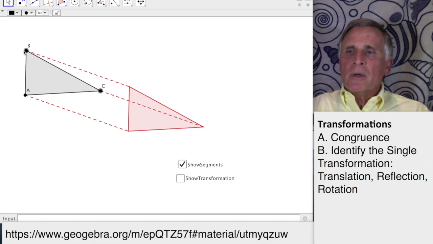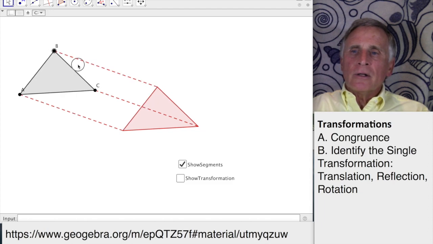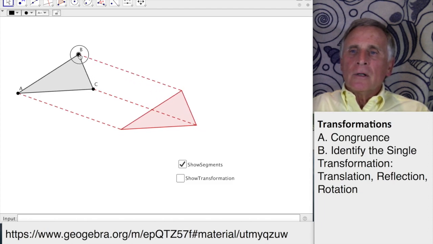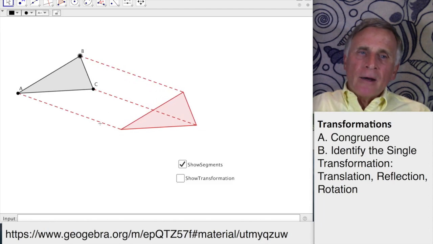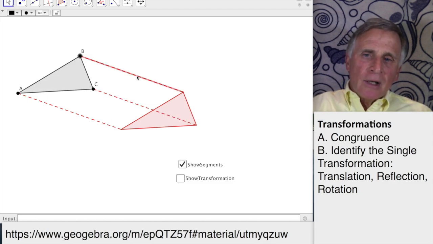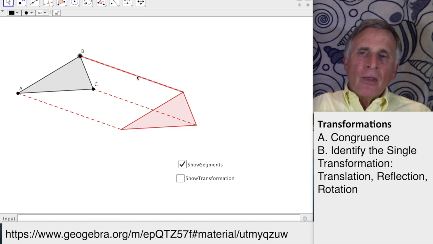So going back to my more triangular look, if the segments are parallel to each other, and if they appear to be the same length, then we can jump to the conclusion that it is probably a translation. Now to identify the translation, we have to create triangles from this segment or segments.